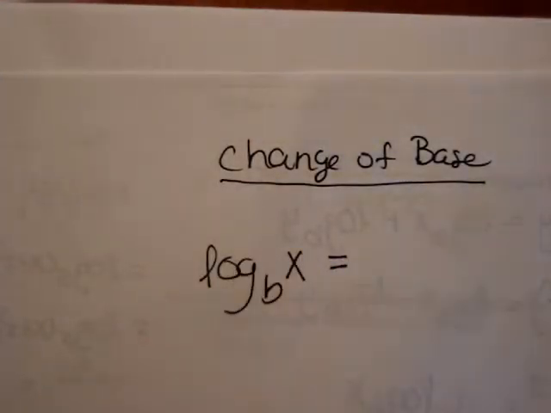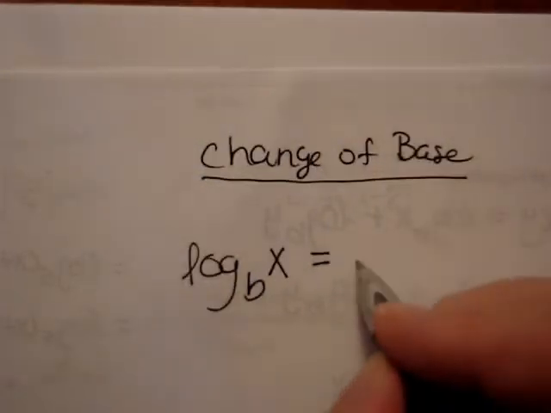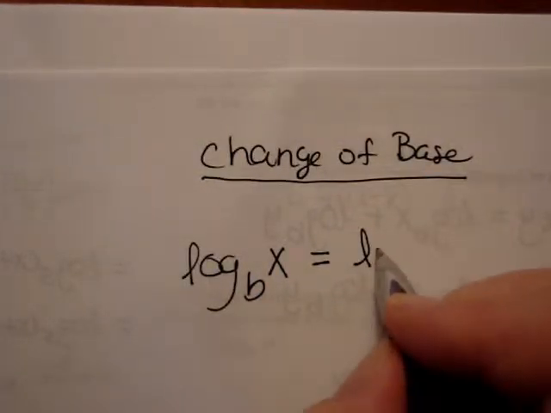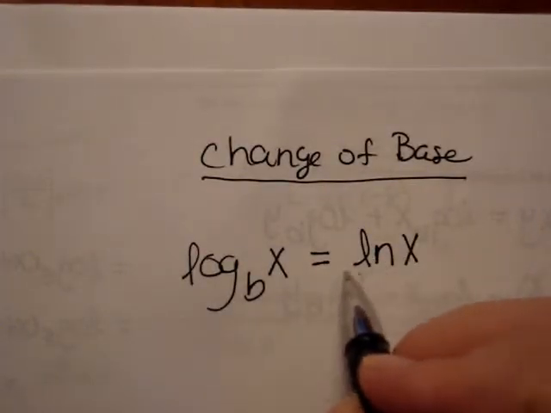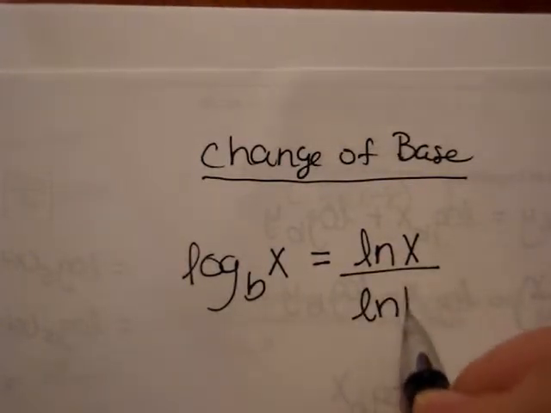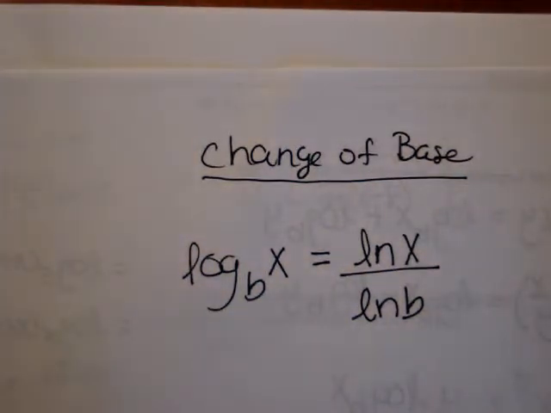the rule is actually much more general than this, but the way we do it most of the time is we say, well, we can change that to the natural log of x over the natural log of b, the base. You could also do it with common logs. The truth is you could do it with any log of any base, but this is the most useful one for us.